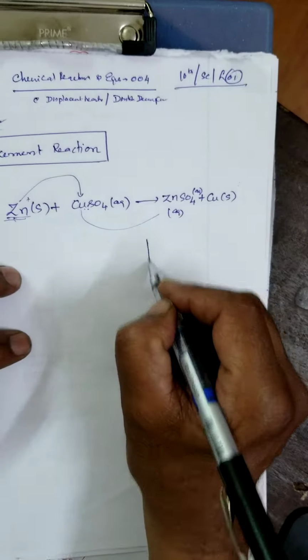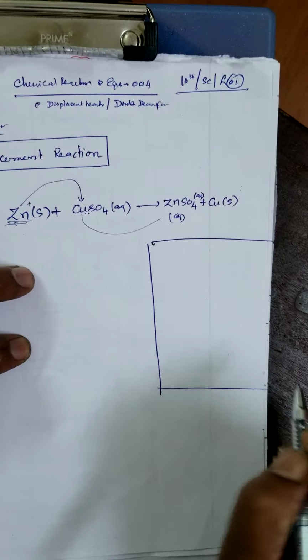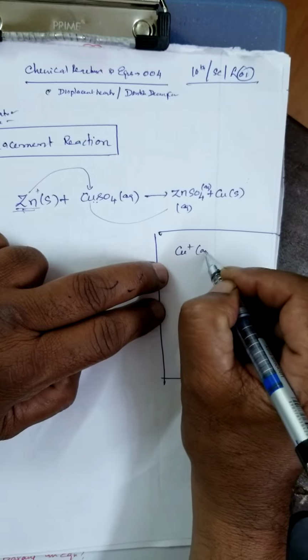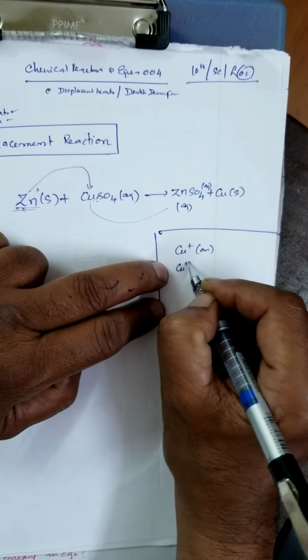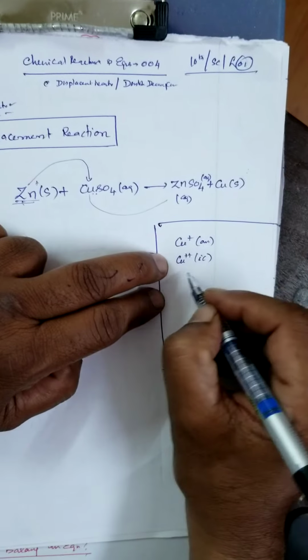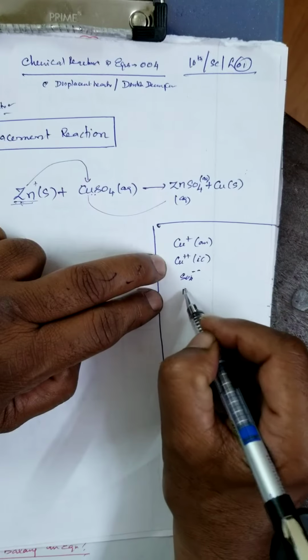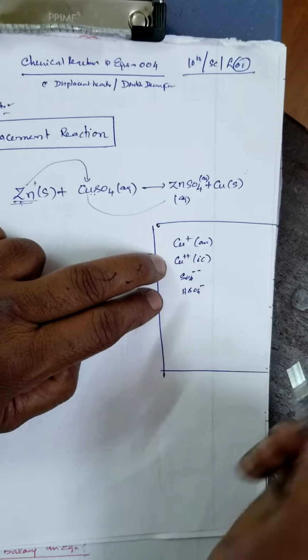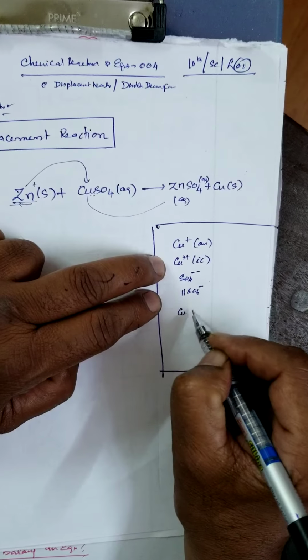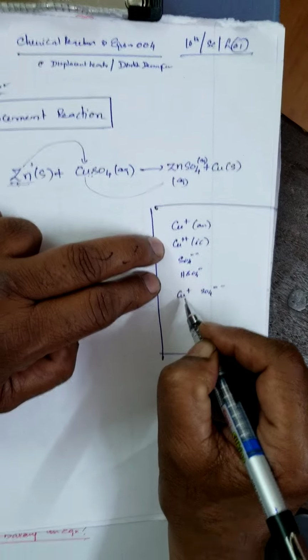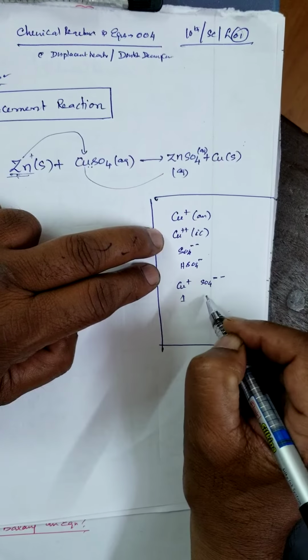Now, first you must know how to write the chemical formula. See, this is cupric, and sulfate. How to write this formula? This is 1, this is 2.